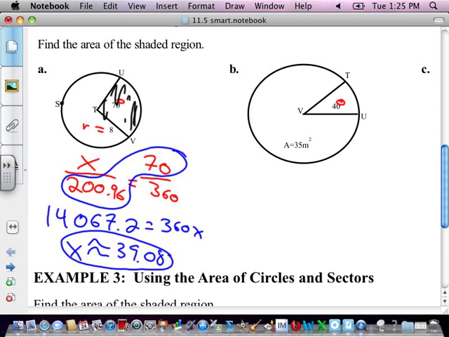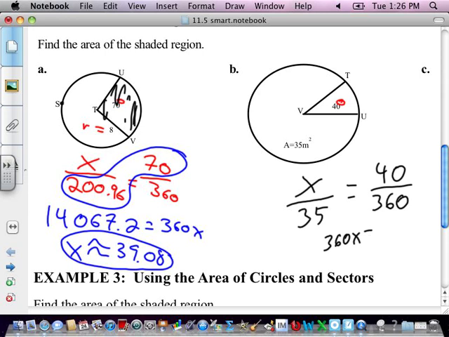Okay. So we don't know the area of the sector. We know the area of the whole circle is 35. The area of the sector equals 40 over 360. So let's do 360x equals 40 times 35, which gives us 1,400.